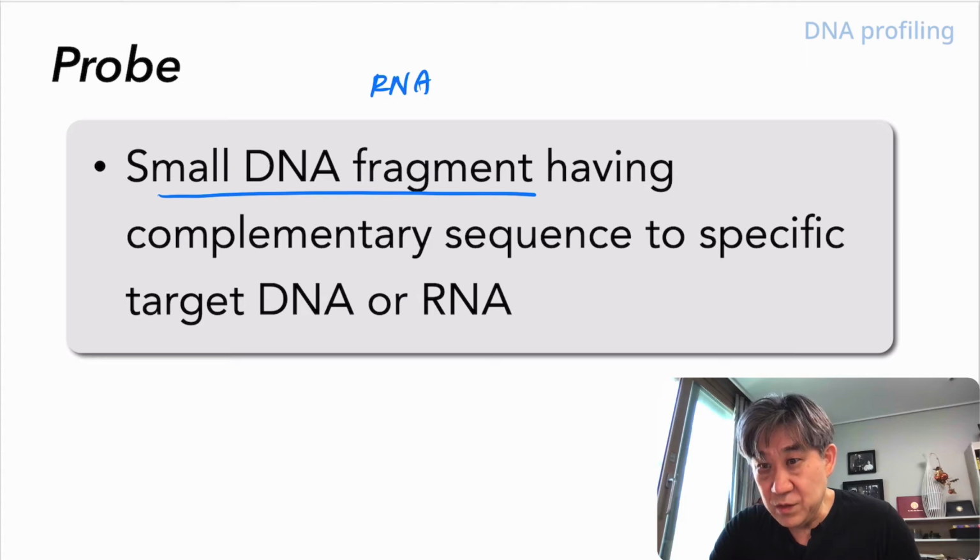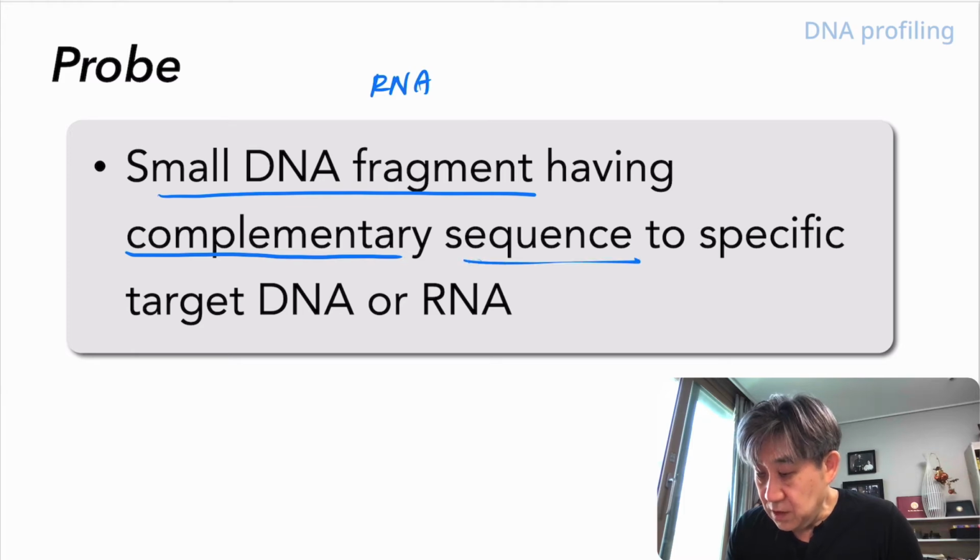And if you want to use any specific probe which can detect the presence of your target, it has to be complementary in the target sequence. So probe is a small DNA fragment having complementary sequence to specific target DNA or RNA.